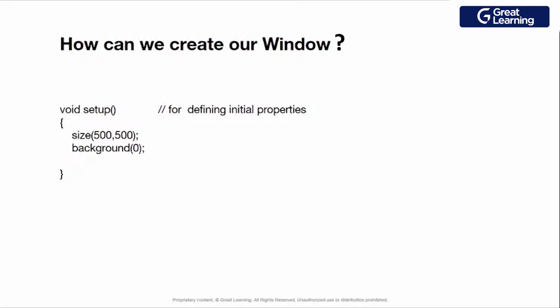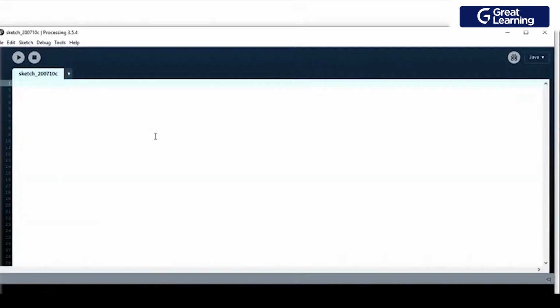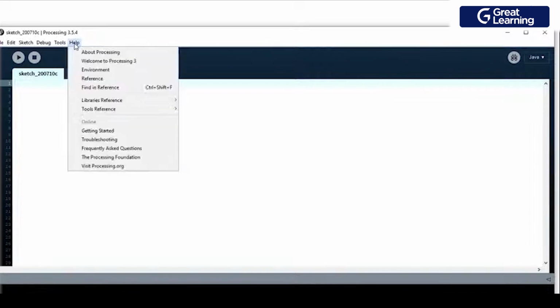Once you have downloaded the IDE, you will get this kind of structure, this sketch. If you want to get started in this Processing tool, you just go ahead and click on Help and go into Environment. This is the Processing Development Environment, PDE.